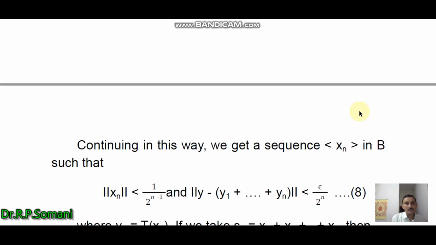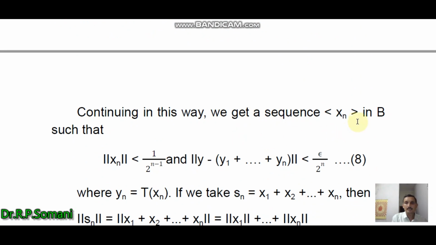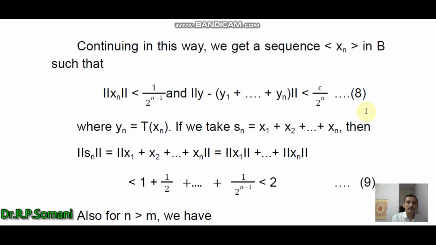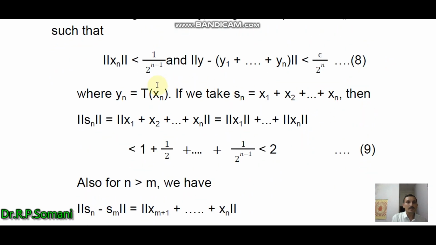So continuing in this way, we get a sequence xn in B such that norm of the xn is less than 1 by 2 to the n minus 1, and norm of the y minus y1 plus y2 plus so on yn is less than epsilon by 2 to the n. So we denote this by equation number 8, where yn equals T xn.